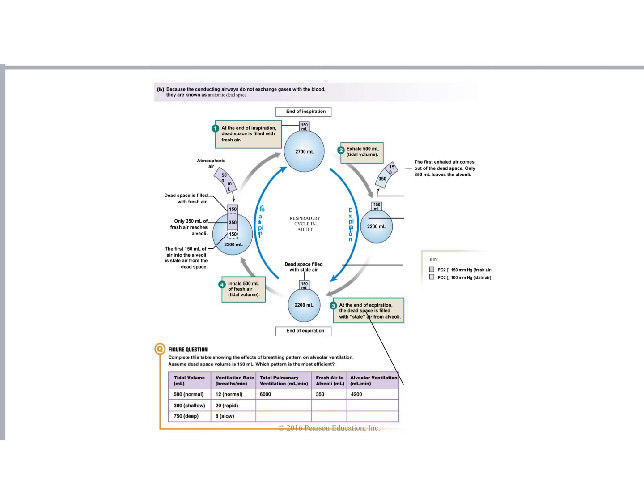The first amount of air that goes in is the 150 milliliters that was in the dead air space, and then you breathe another 350 milliliters into the lungs. The last 150 milliliters stays in the dead air space. And then we're back at the beginning. So whenever you breathe air out, the first air you breathe out is the 150 milliliters of oxygen-rich air that did not make it to the alveolus.